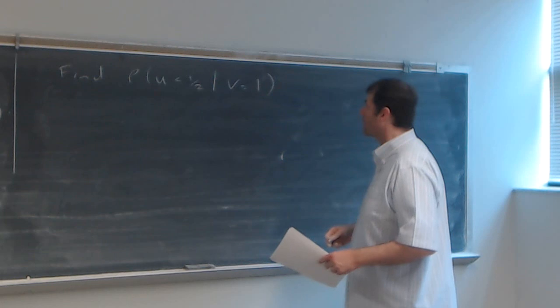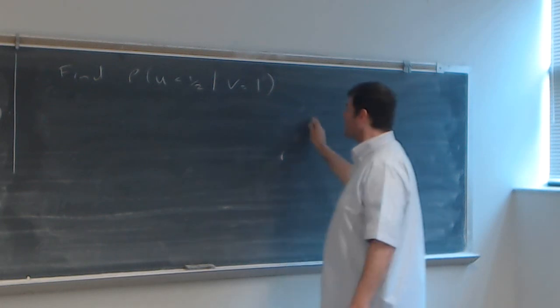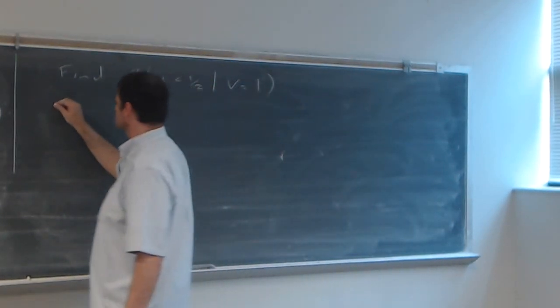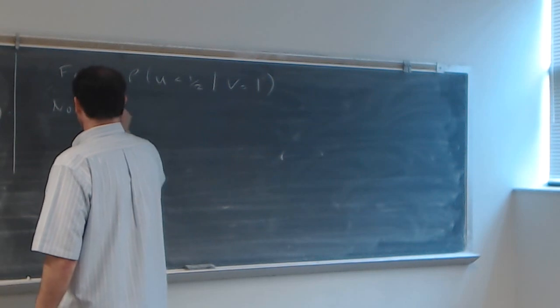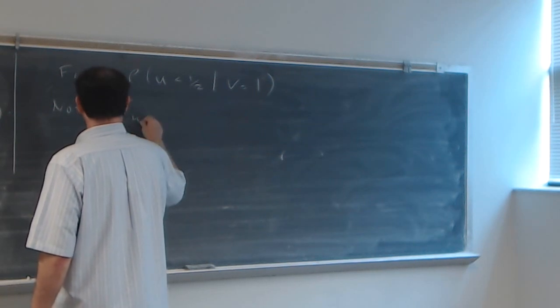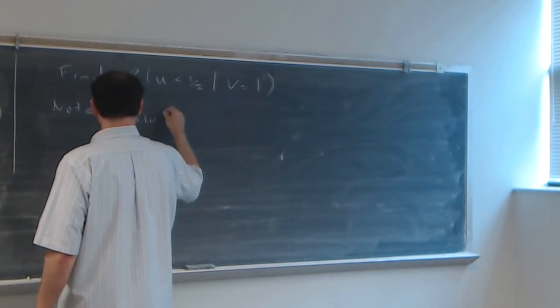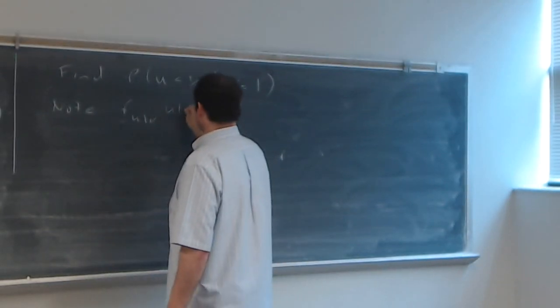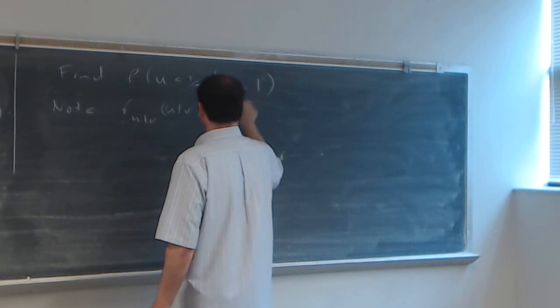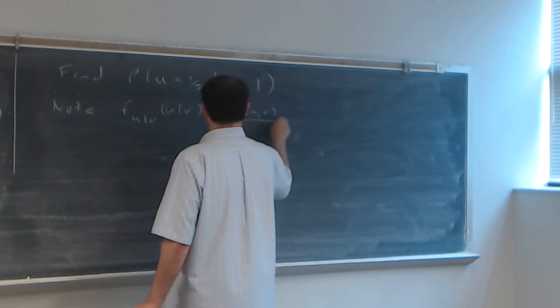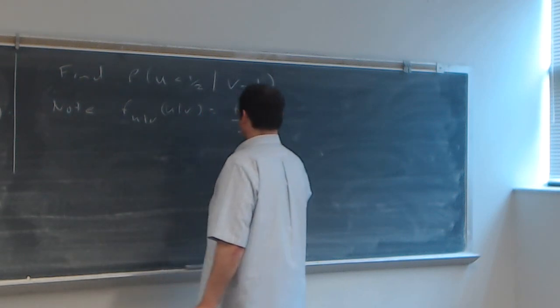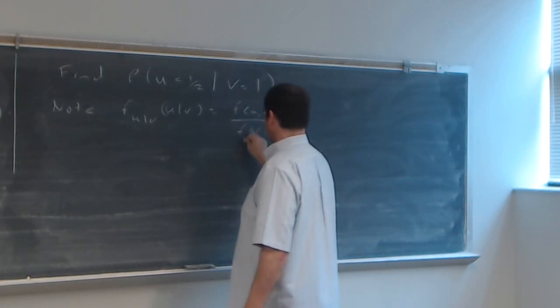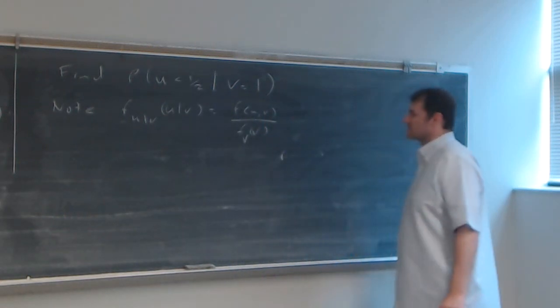Okay. So to do this, what we need to know is that f of u given v is equal to f of uv over f sub v of v.